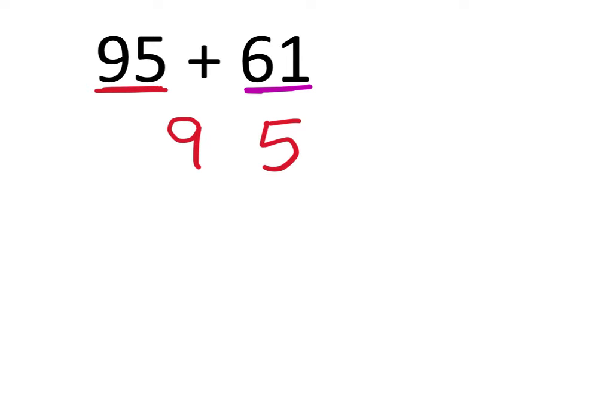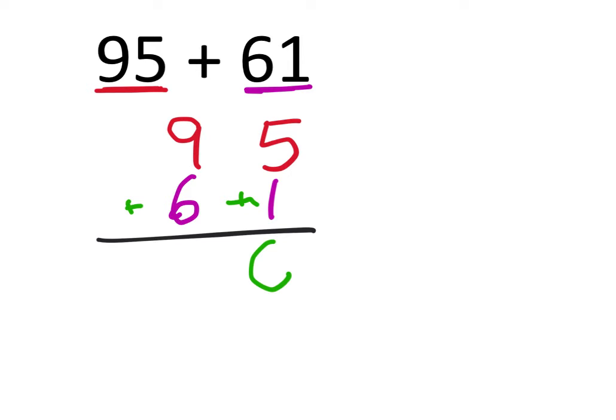So the 61, 6 is in the tens position, and the 1 in the ones place value. And yeah, we're just adding these together. So I'll start with my ones place value. 5 plus 1 in the ones place value. 5 plus 1 is 6. Then I move into the tens place value, the 9 plus 6.